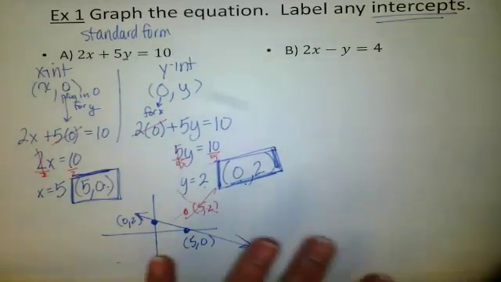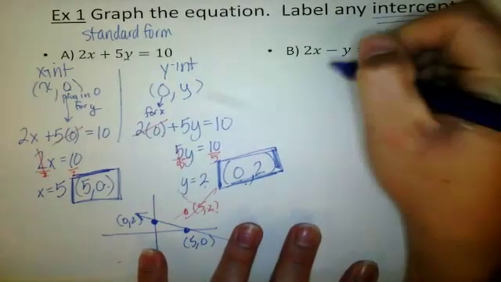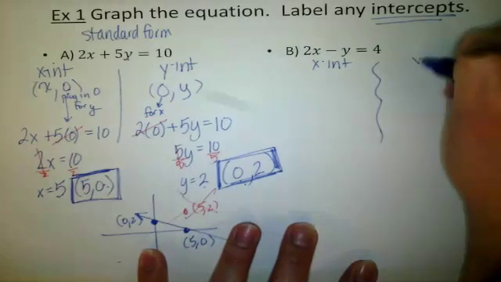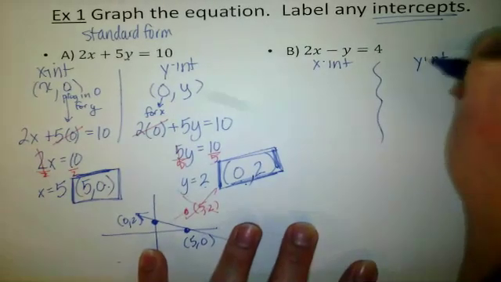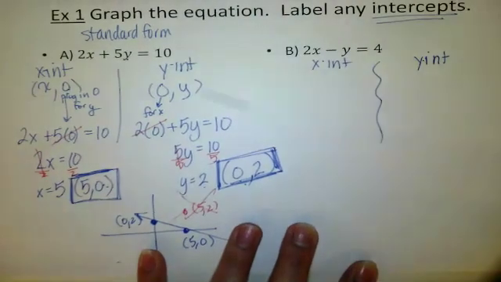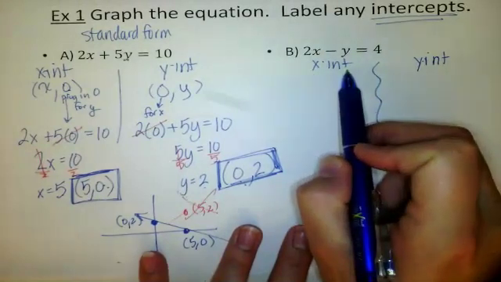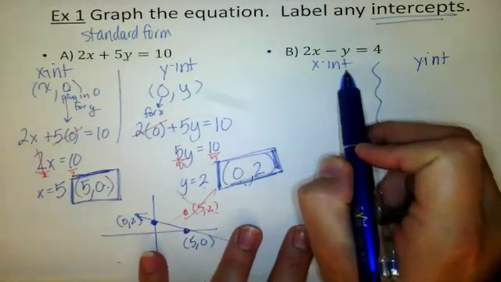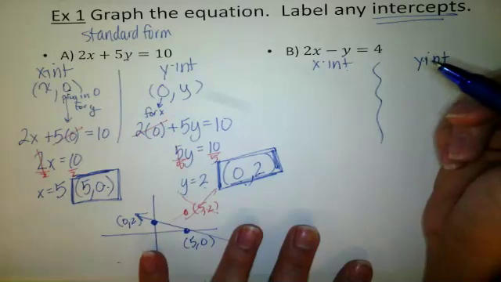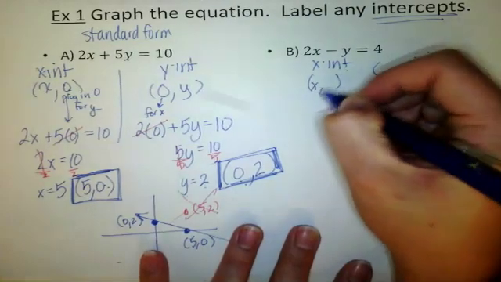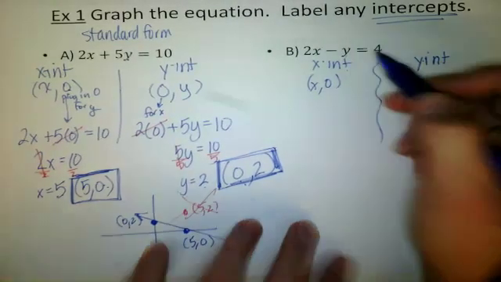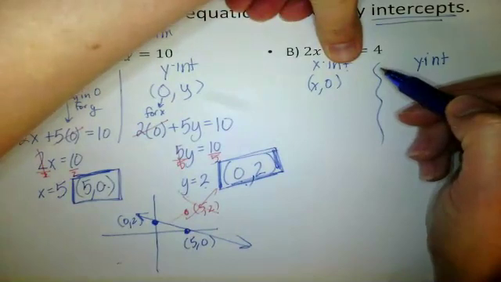All right? Same thing. I want to find an x-intercept and a y-intercept. What do you have to do to find an x-intercept? Plug in 0 for y. It's some x, 0, so we're going to plug in a 0 for y. Cover the y.